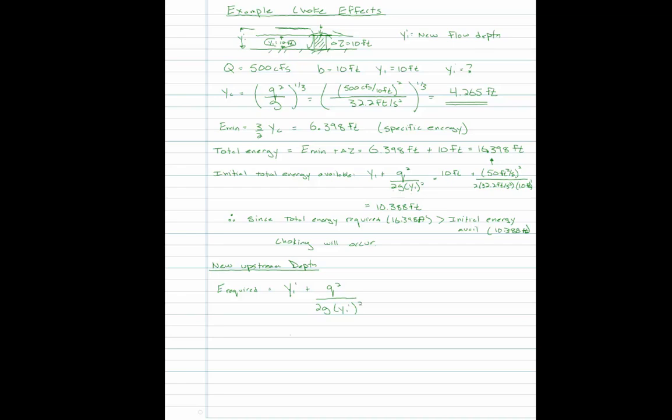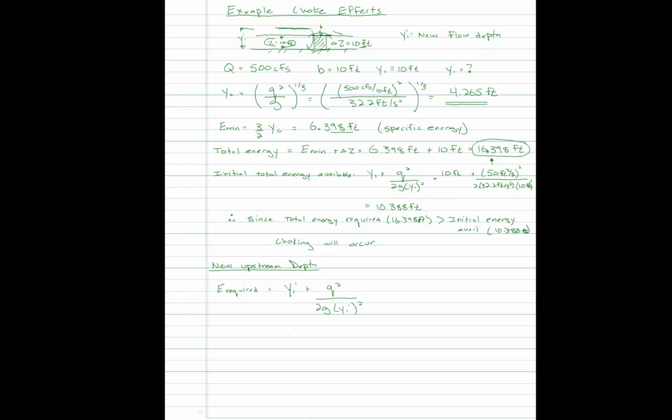So the minimum energy that's going to get the water up over the obstacle is 16.398 feet. That is saying that we know that there has to be at least 10 feet of energy to get it up over the sill, and there has to be the flow depth. It will be flowing at the critical depth of 4.265, and then a little bit additional energy is required to provide the velocity head. And so this term of 6.398 feet accounts for both the velocity head and the depth.